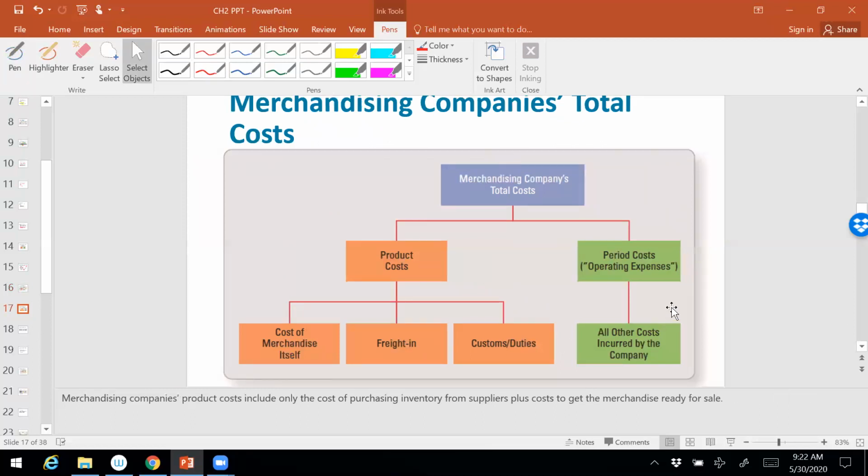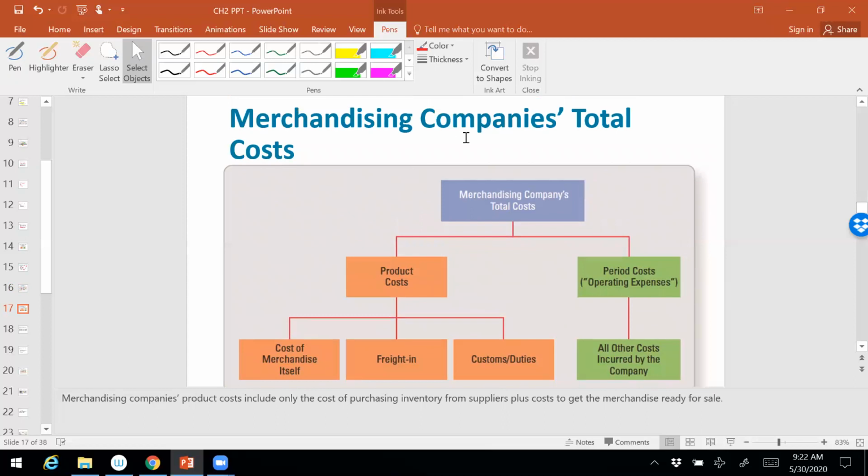Next one, for this merchandising company, they have three types of product cost. So we look at the first one, merchandising companies.